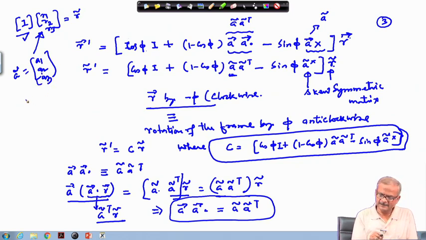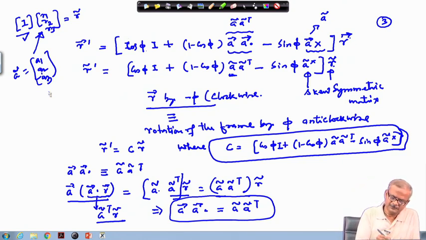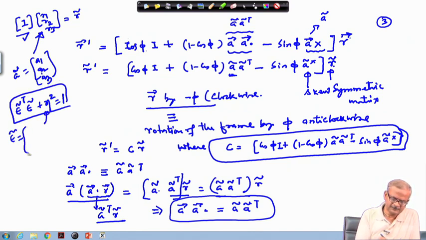While we write in Euler parameter terms, the Euler parameter is a 4 variable system. As I have told you, if I indicate the Euler parameter by epsilon tilde, then epsilon tilde transpose epsilon tilde plus eta squared equals 1. These are the Euler parameters, epsilon tilde equals epsilon 1, epsilon 2, epsilon 3.